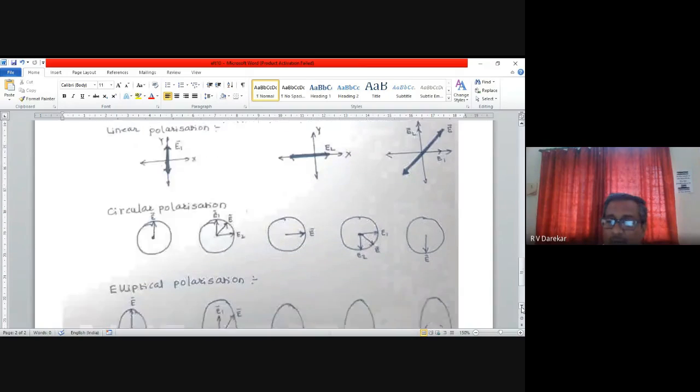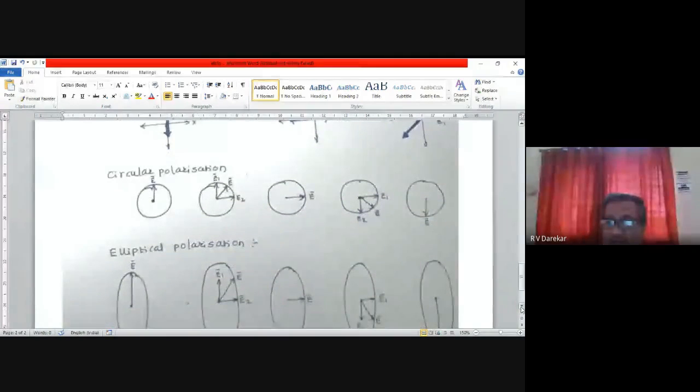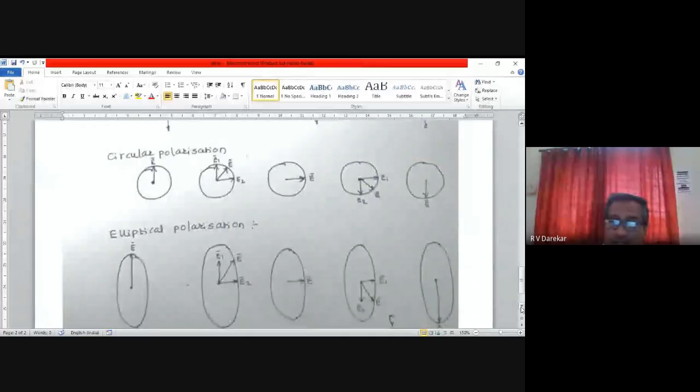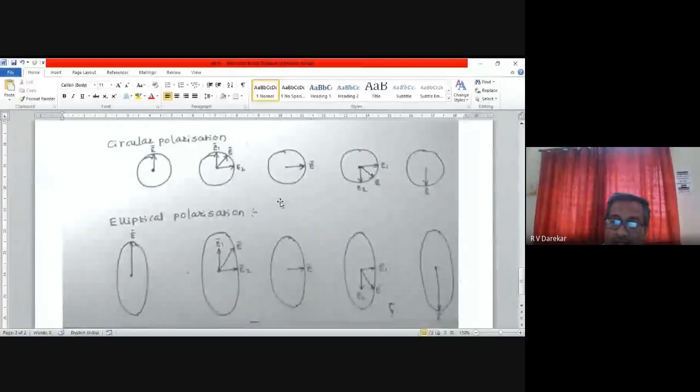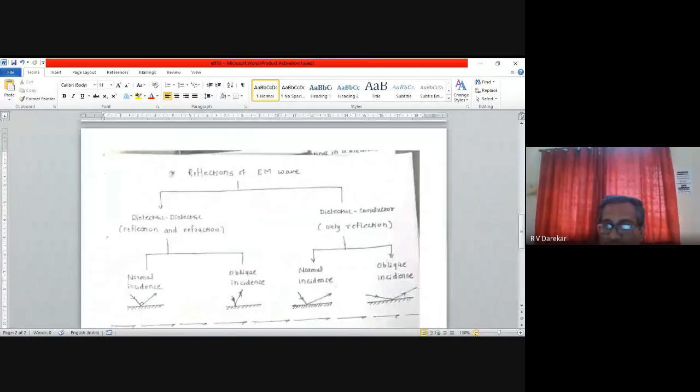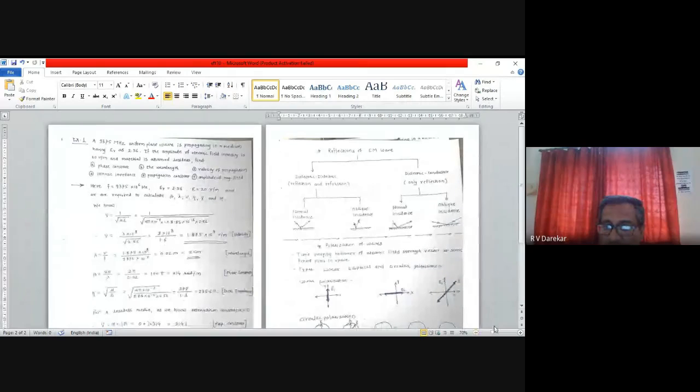One more type of polarization to keep in mind: if one electric component is of higher amplitude than the second one, that is elliptical polarization.